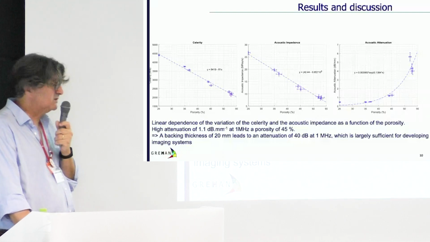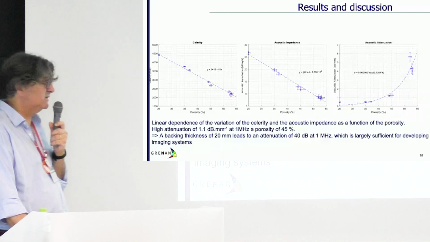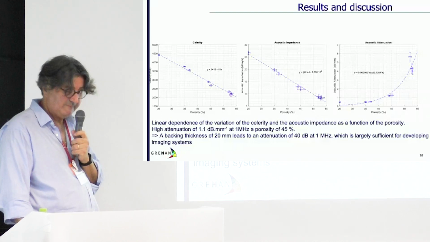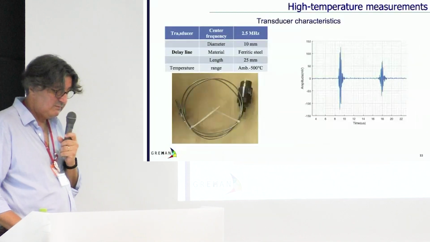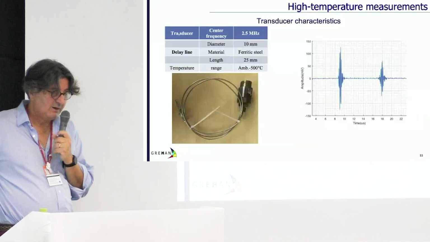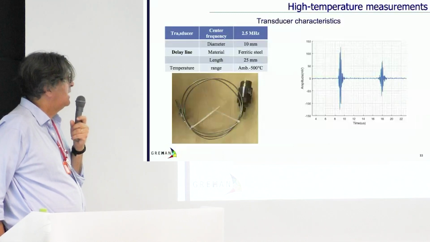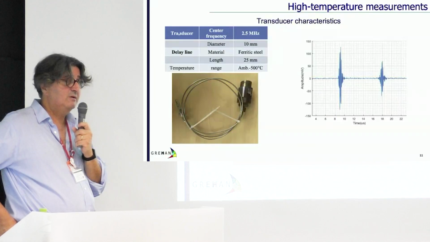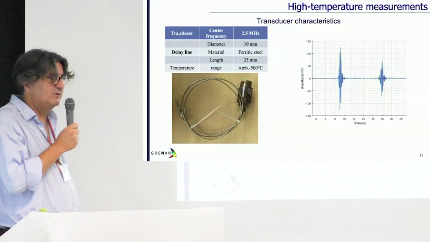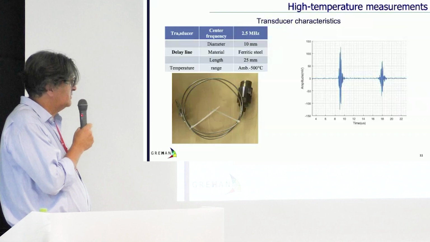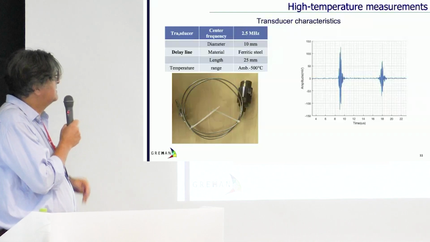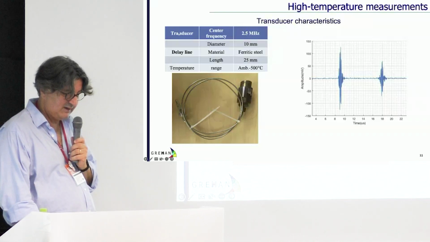So this is the result we had for low frequency, low temperature measurements. Of course, we move to high temperature, and to do so, we have used a high temperature transducer. This transducer has the following characteristics.